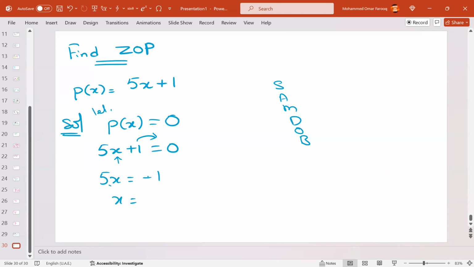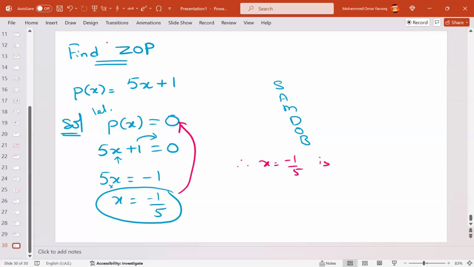And when I transpose multiplication, it goes to division, x is equal to minus 1 by 5. When I equated it to 0, this is the most important thing, I got x is equal to minus 1 by 5. So therefore, x is equal to minus 1 by 5 is the 0 of the polynomial 5x plus 1. Got it? They will ask you to find out the 0 of the polynomial.